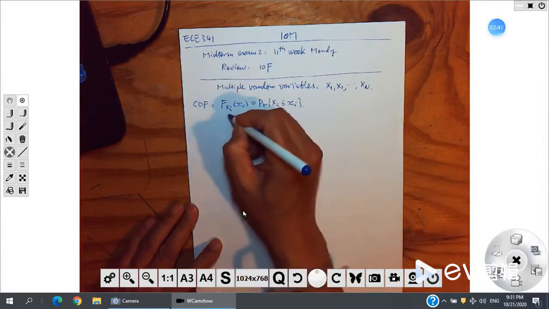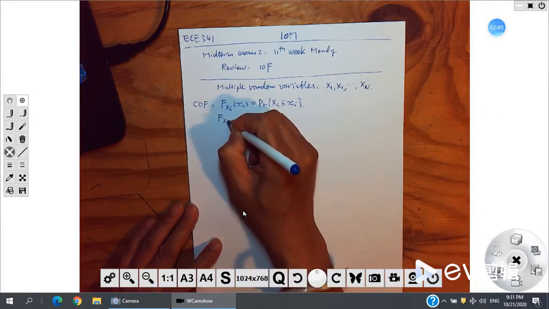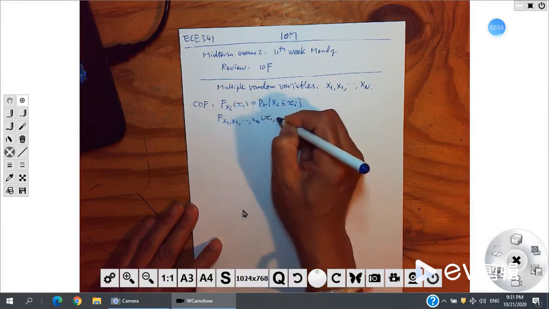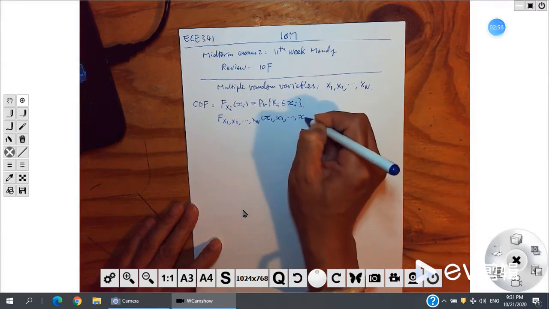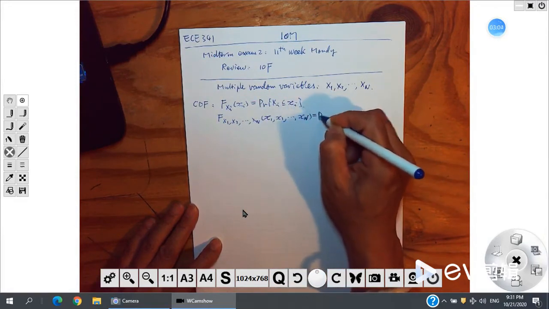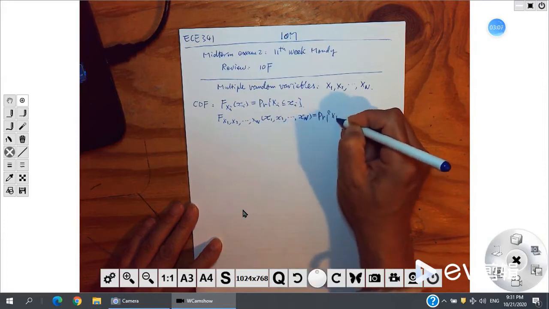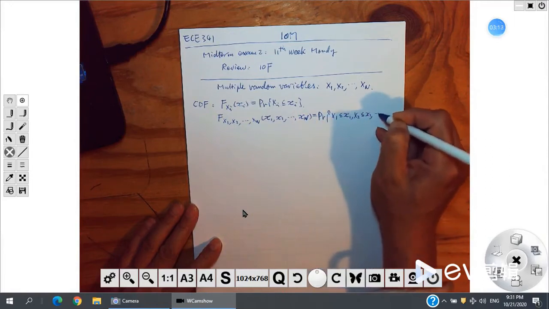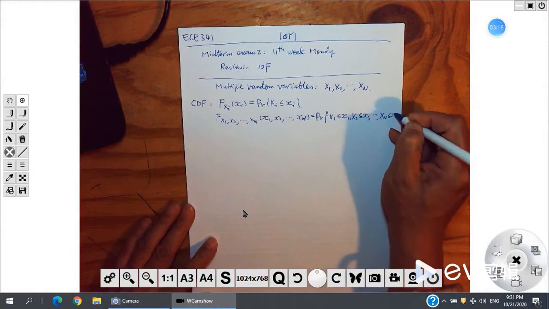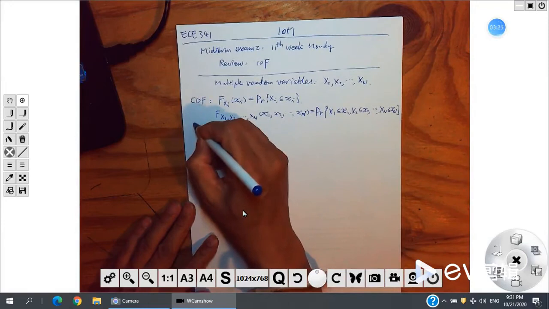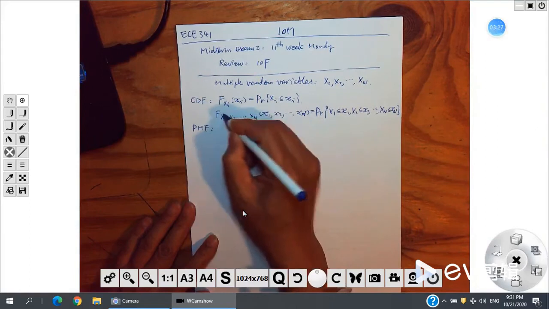And we have the joint one, F_x1,x2,...,xn of x1, x2, ..., xn, equal to the probability of X1 no more than lowercase x1, X2 no more than lowercase x2, until Xn no more than lowercase xn. This is the CDF.